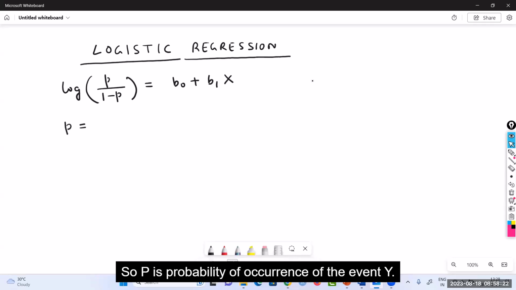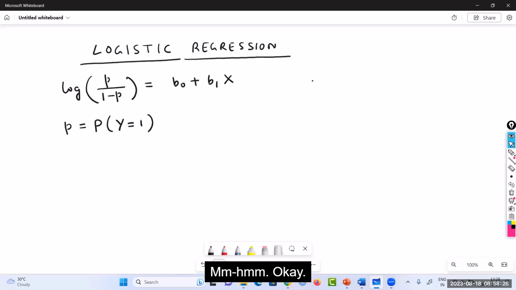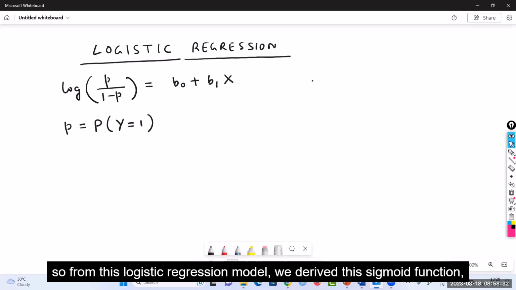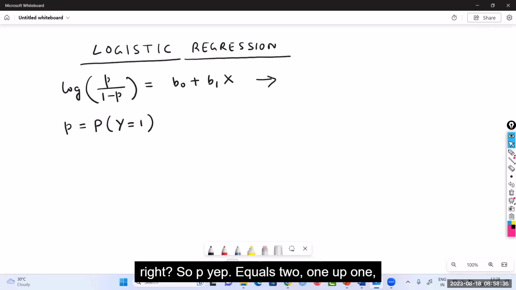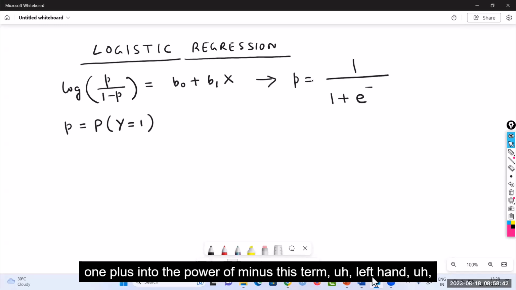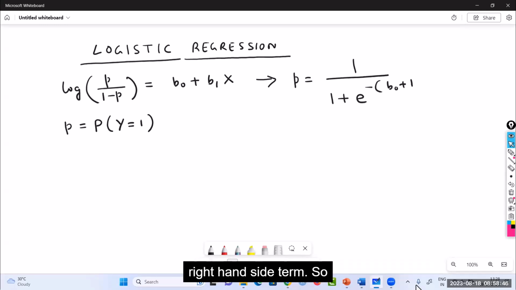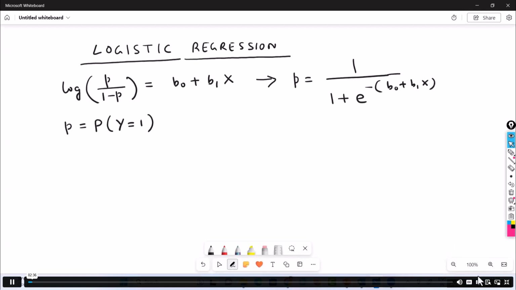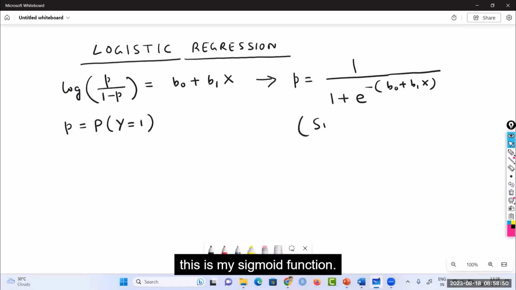P is the probability of occurrence of the event Y. From this logistic regression model we derive this sigmoid function, right? P equals 1 upon 1 plus e to the power of minus the right hand side term. So this is my sigmoid function.